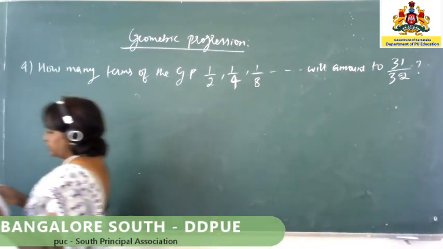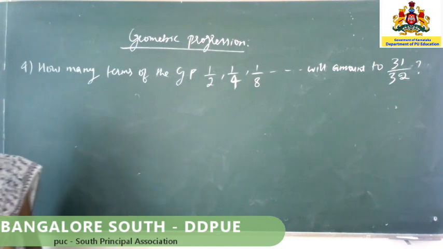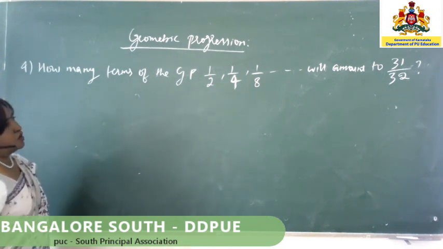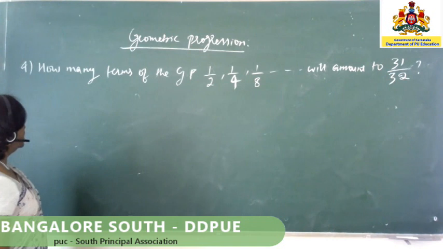How many terms of the GP 1 by 2, 1 by 4, 1 by 8, and so on will amount to 31 divided by 32?